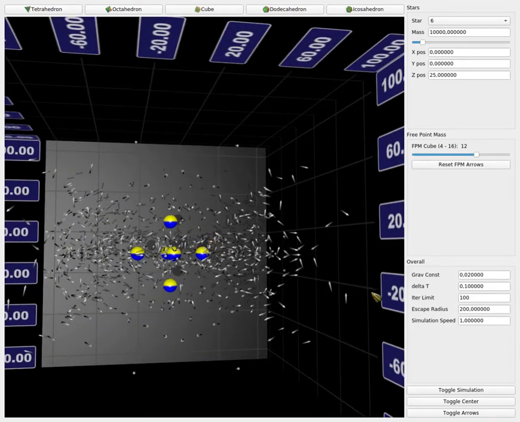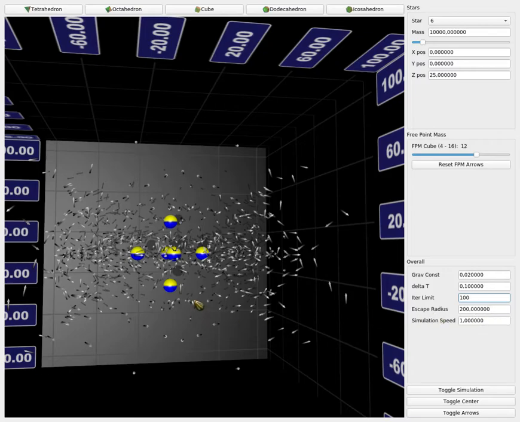Over here, you can see that I can make the gravitational constant anything I want. This is delta time, so as this simulation goes on, the delta time is used to control the jumps in the Eulerian integration from one instant to the next.